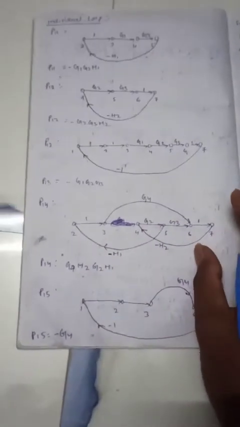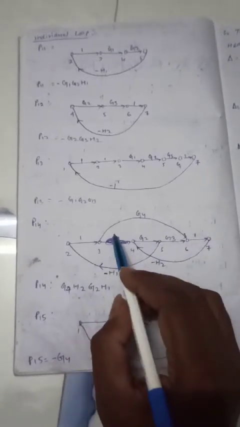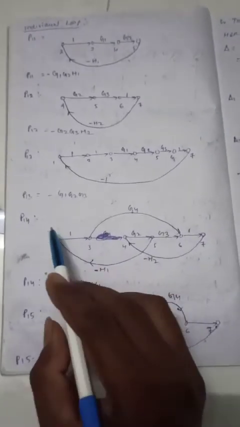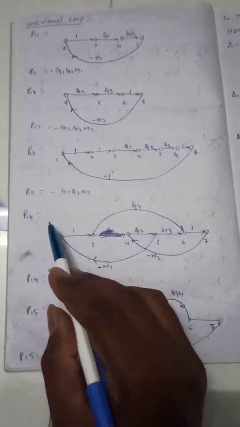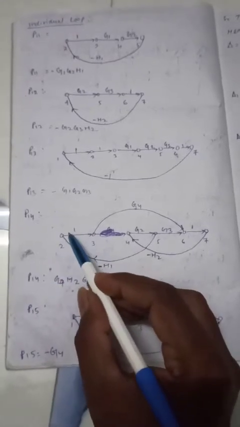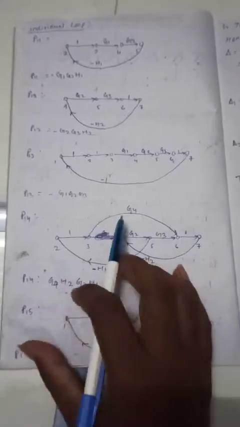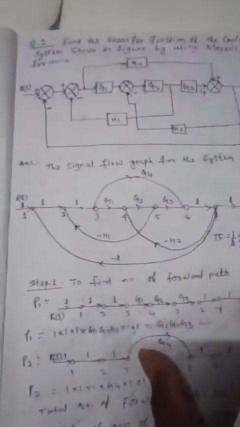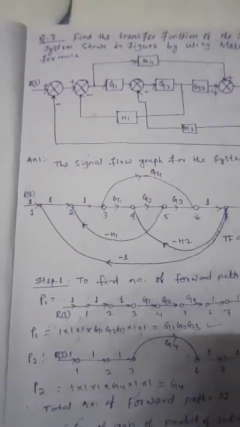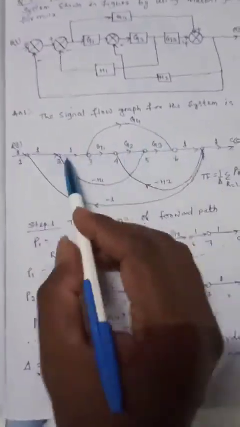So here is individual loop number 4. Look here, you have to mark here from number 2 to 3, otherwise you can't understand. So what is the value of loop number 4?